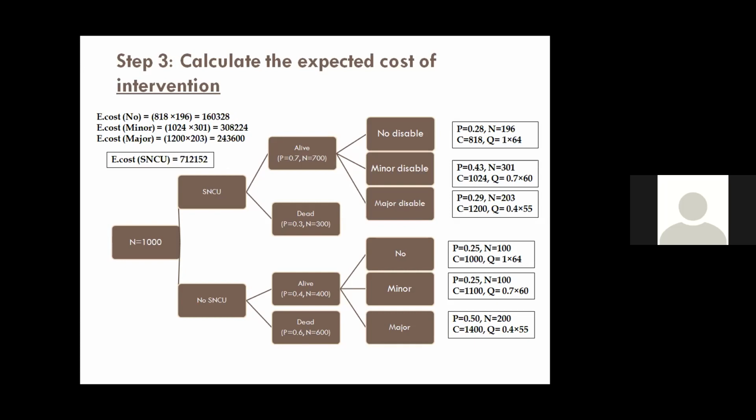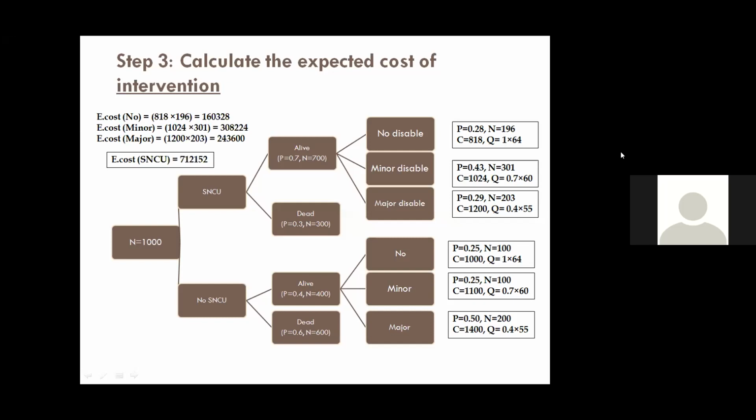Same argument. But you have to go now to the top. Alive is 700 people. And they also have 3 options. And per unit cost is 818, given. N equal to 196. How did you get that? Because 700 is the N, probability is 0.28, by that we calculate. 28%. So you get 196.